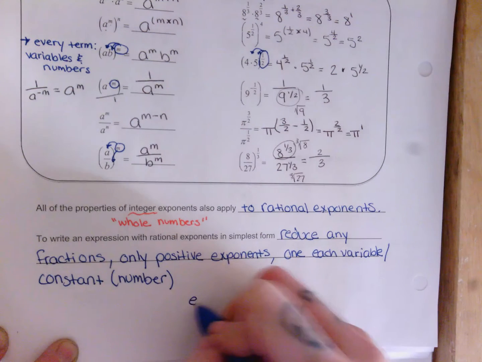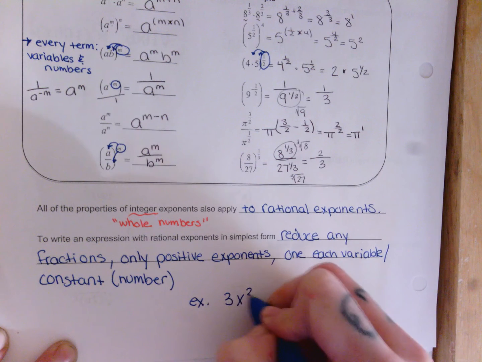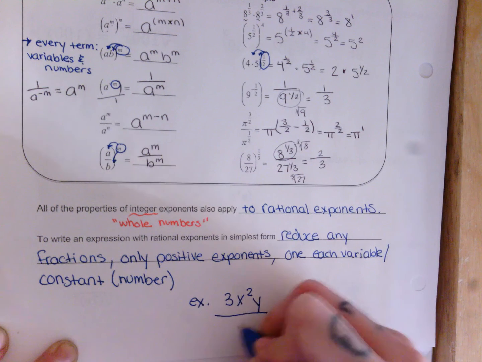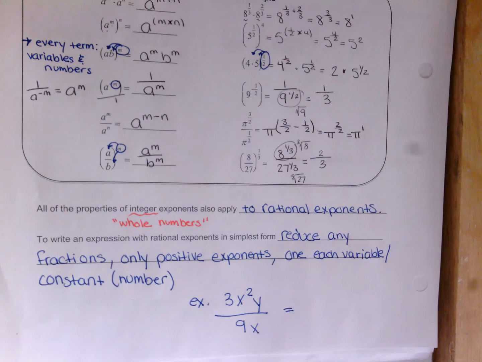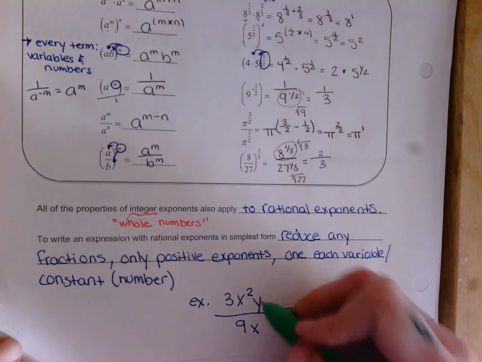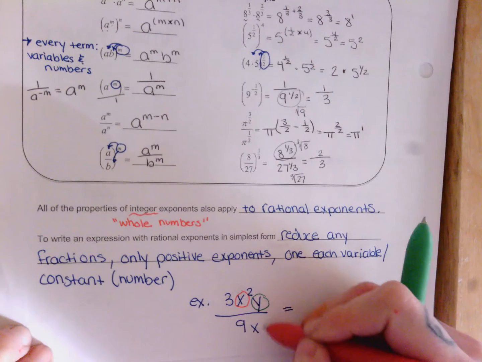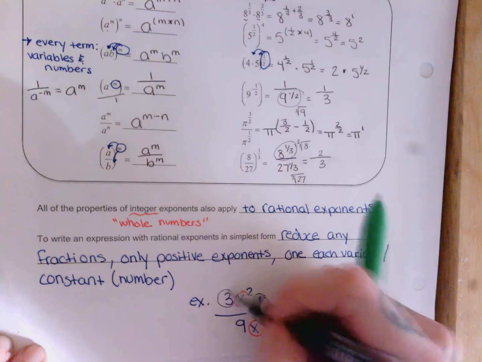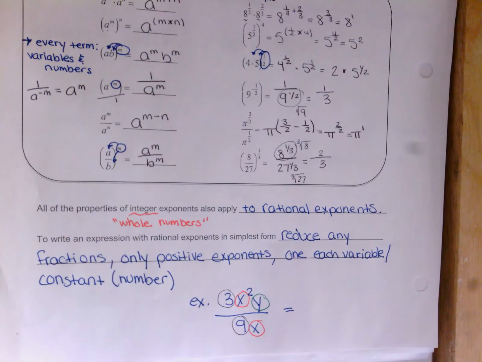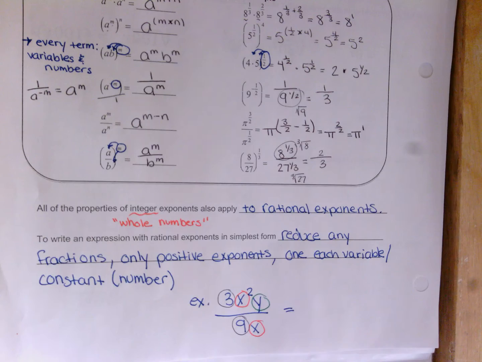Okay, so for example, let's say I had 3x squared y divided by 9x. Well, I've got a few variables here. I've got a y, and I've got this x. And then I've got these constants, these numbers, this 3 and this 9. Okay, so I have x squared on the top. I'm going to reduce that.